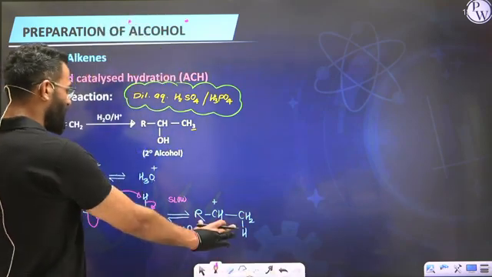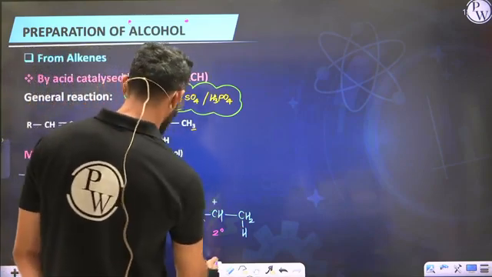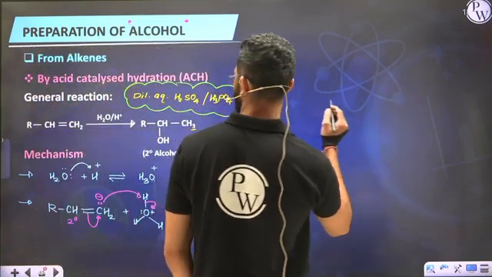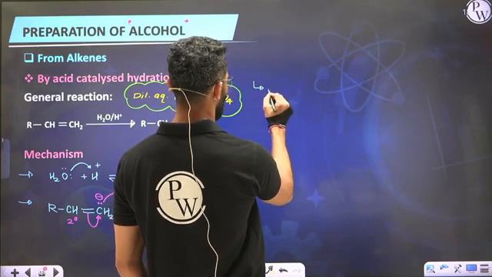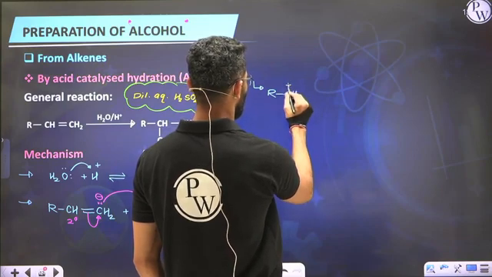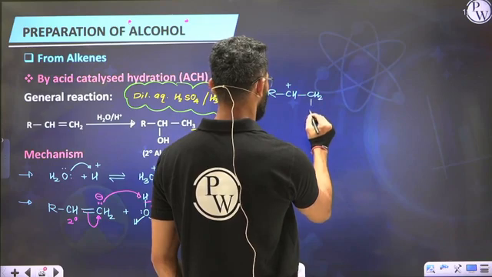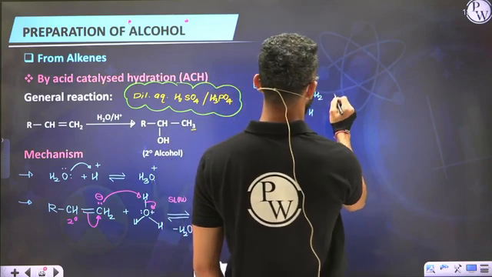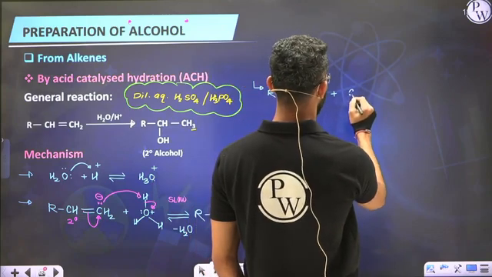Now once you get the carbocation, water is all set to attack at this deficient carbon. So in step number 3, the carbocation which we have got, RCH plus CH2H, will now be attacked by water.